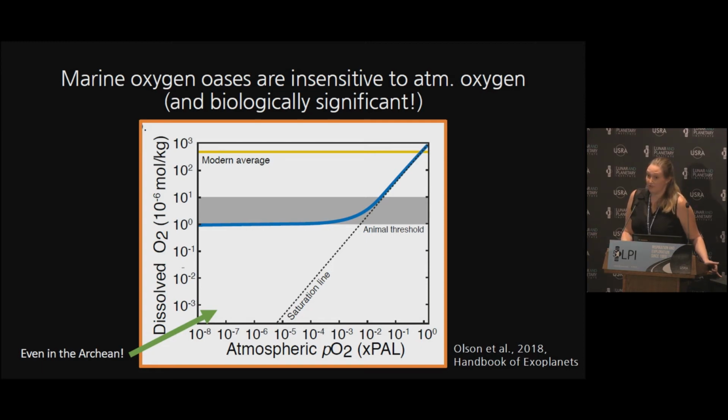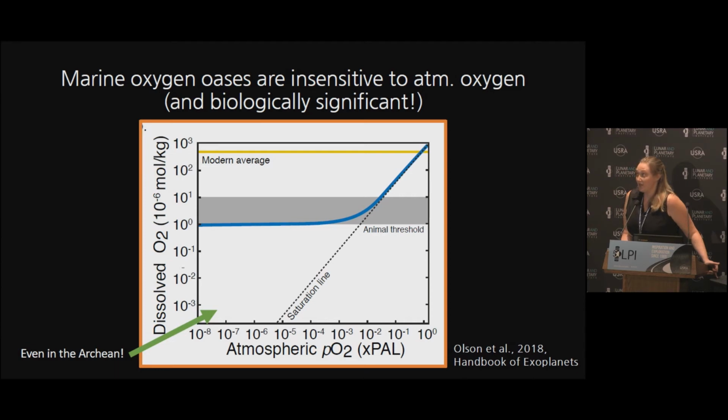That might sound like very little oxygen, and compared to today it is, but it's actually a biologically significant amount of oxygen. In the gray shading, I'm highlighting a range of estimates for the oxygen demand of the first animal life on Earth.